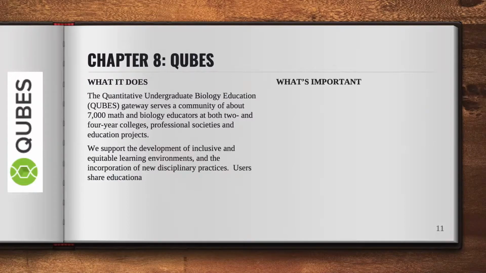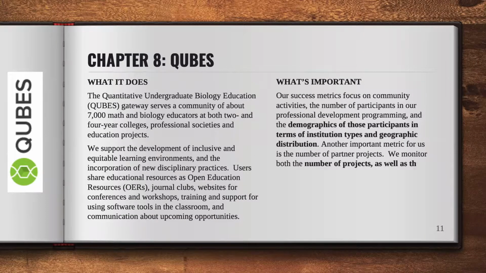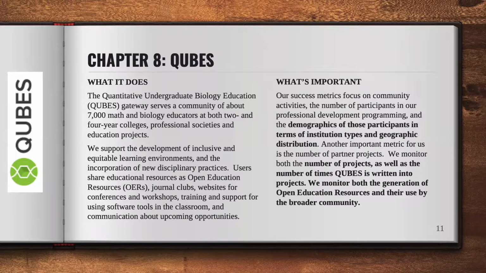QUBES, so those of us in the education session this morning heard a nice presentation about this from Drew. So this is a very education-related gateway. That's the primary function of this gateway. And what's important to them is the demographics of their participants, institution types, geographic distribution.